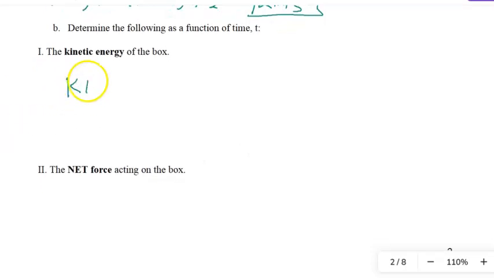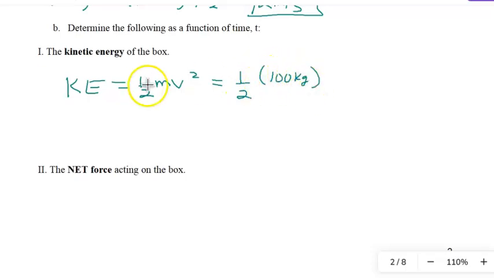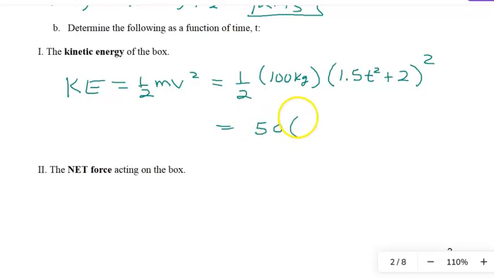So kinetic energy, plug and chug, but what we haven't done yet this year is take this function that looks like you're just multiplying things and saying, okay, but I know that the mass is 100, and that velocity is a function of time. I know what that is, so let's just plug that in. And then 100 divided by 2 is 50.